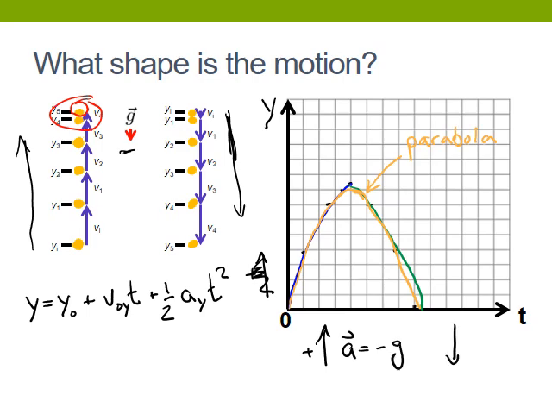If I set down as my positive direction, then my acceleration is, of course, just g, or plus g. And what I put in for my acceleration will depend on how I drew my coordinate system. If I choose what might be termed a normal coordinate system where up is positive, then I will get the equation that you got in your book.